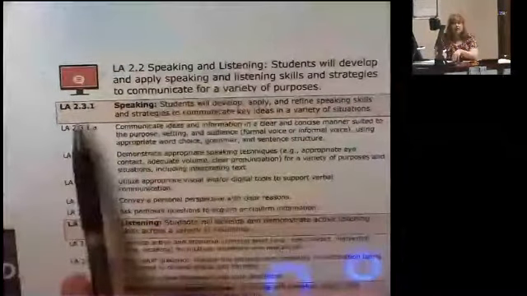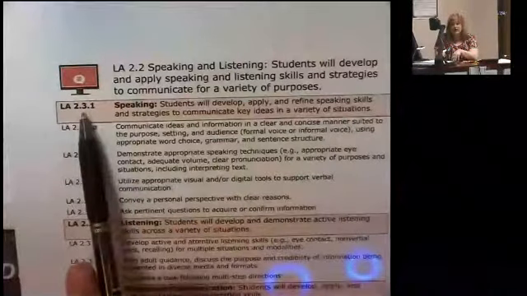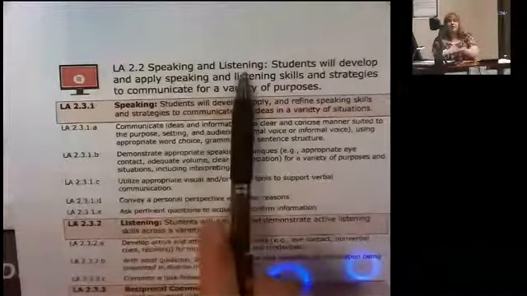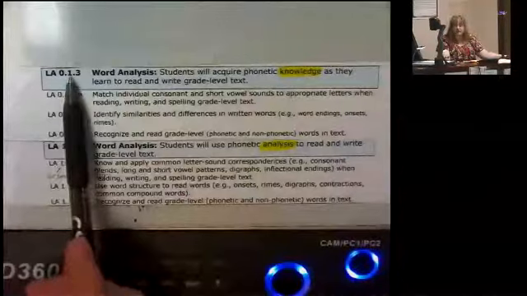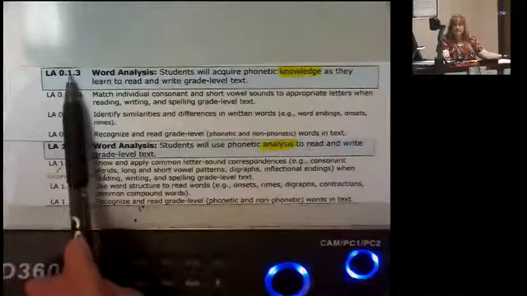So the second number here is not a 1 because it's not about the reading skills, it's about the speaking and listening skills. It's telling us which strand or which skill we are working on. So number 1, we're working on reading skills. Grade level, kindergarten. 1 is reading skills.